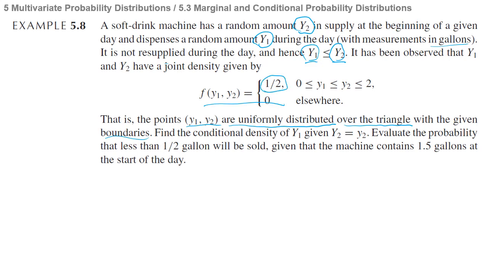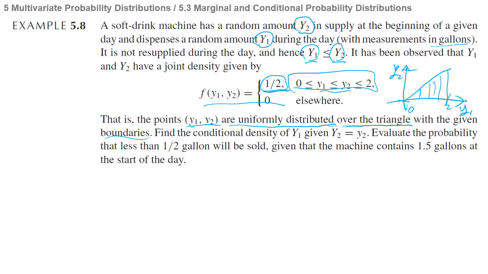So here we have a constant density over the intervals, which means the points are uniformly distributed over the triangle, and the triangle is here, where Y1 is less than or equal to Y2, so it's this part, and each of Y1 and Y2 are from 0 to 2.